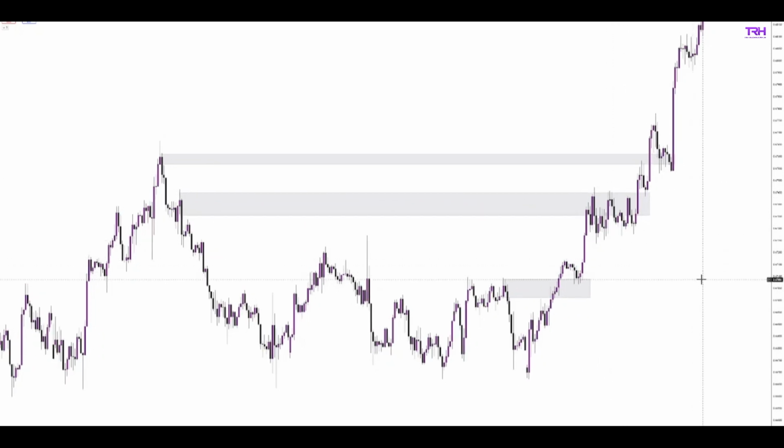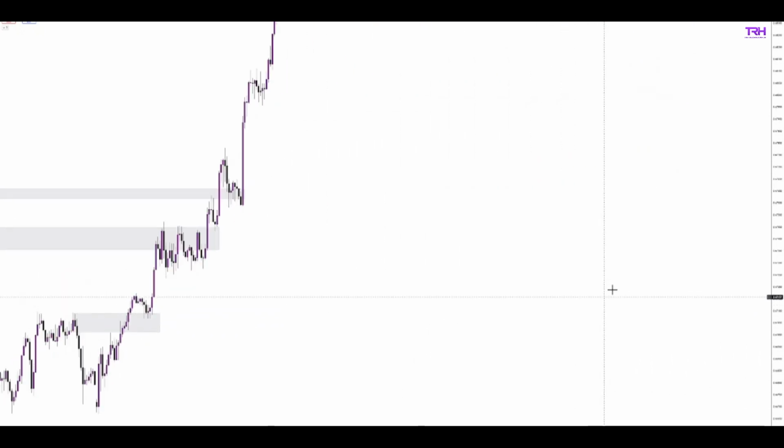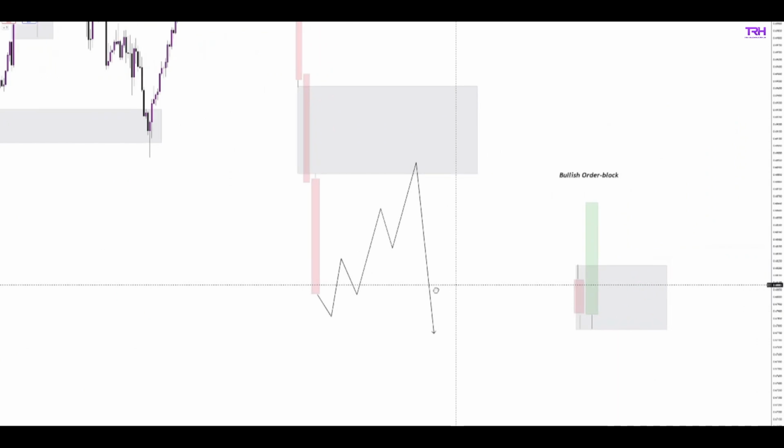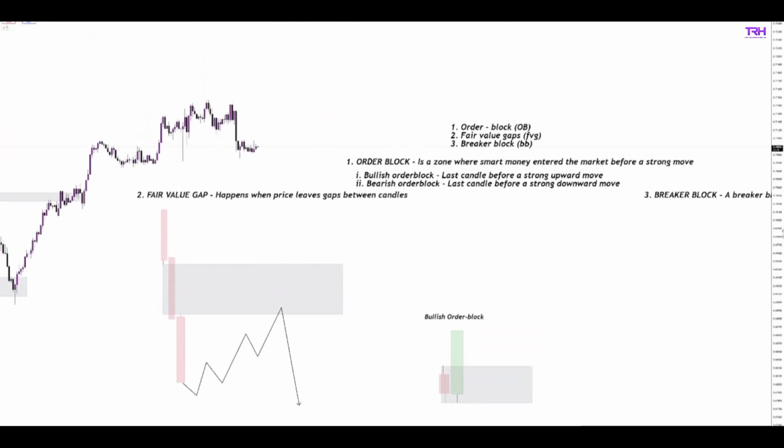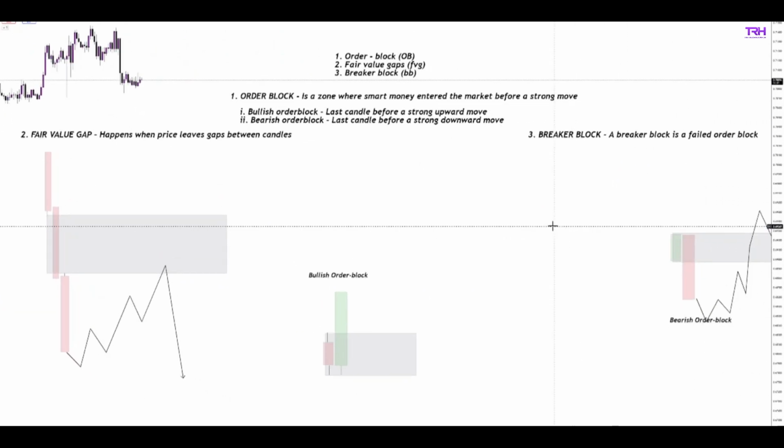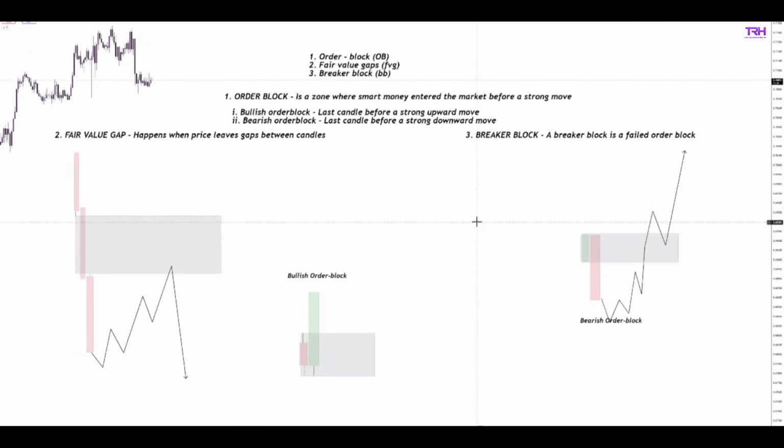So basically that's also an order block, and these are points of interest that appear every time on the chart. You don't have to train your eye very, very well to spot them. It is easy to spot when you know how to spot it.